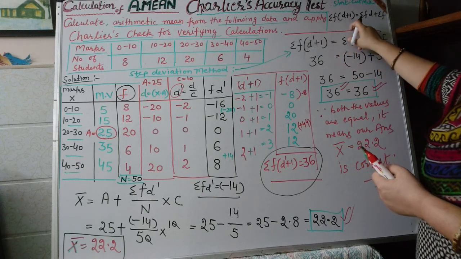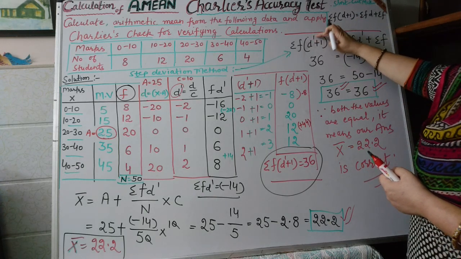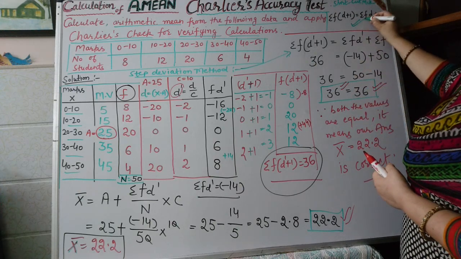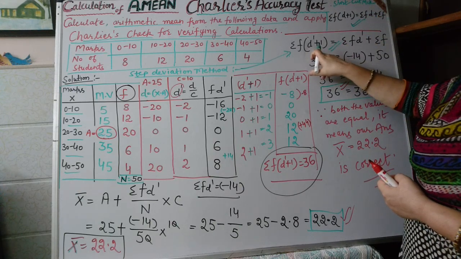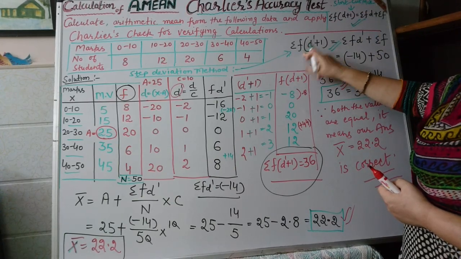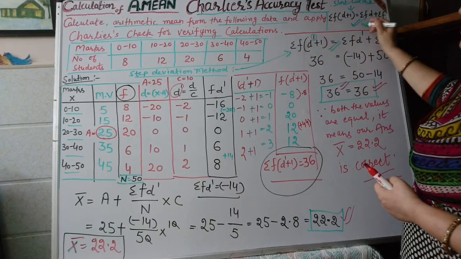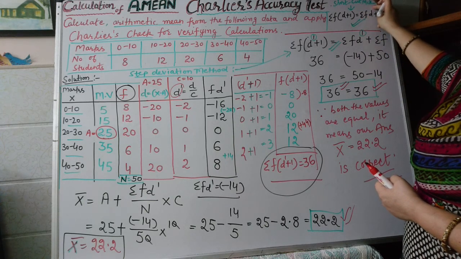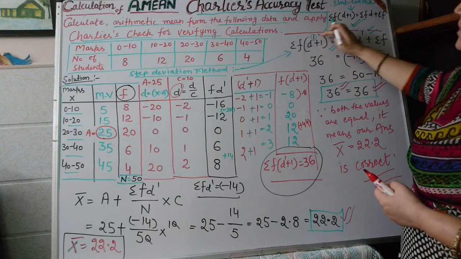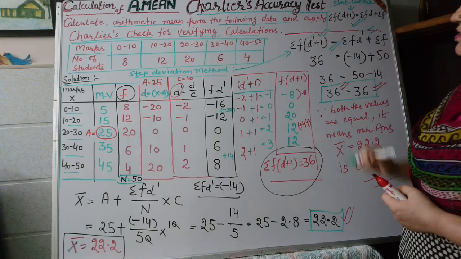It means in shortcut method d dash is not required, otherwise the formula is same. The basic difference between shortcut method and step deviation method is just d dash. Here d dash is not given, there d dash we are applying.